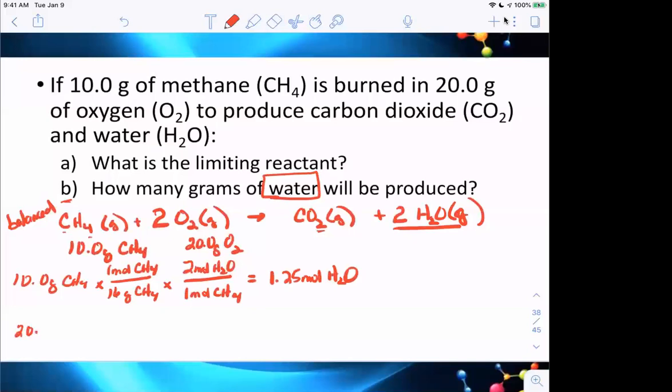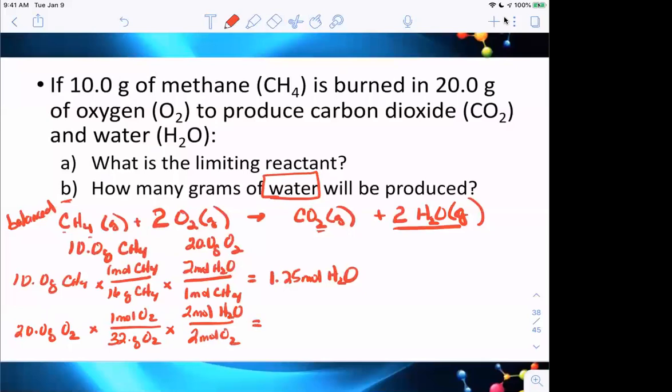Let's figure out how much water can be produced if I use all 20 grams of oxygen. So for every 1 mole of O2, I have 32 grams of O2. And then for every 2 moles of O2, I make 2 moles of H2O.